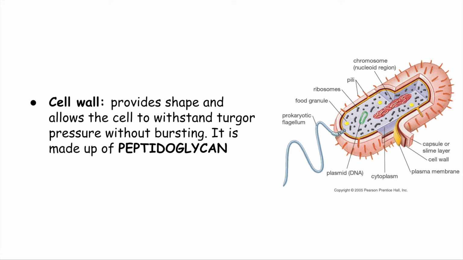The cell wall provides shape and allows the cell to withstand turgor pressure without bursting. It is made of peptidoglycan, which is different to the cell wall of plant cells, which is made of cellulose. Also, this cell wall is permeable, which means that substances can pass in and out of it.